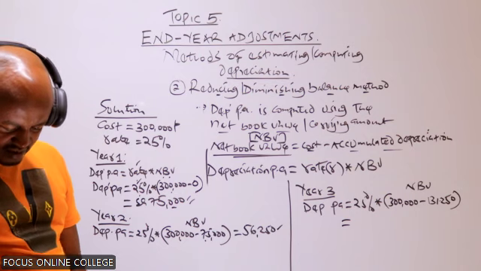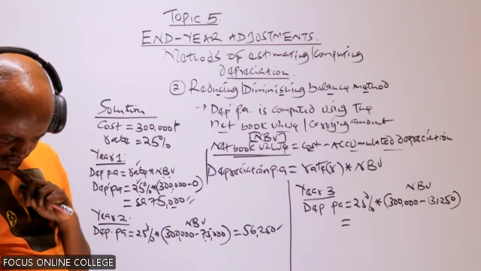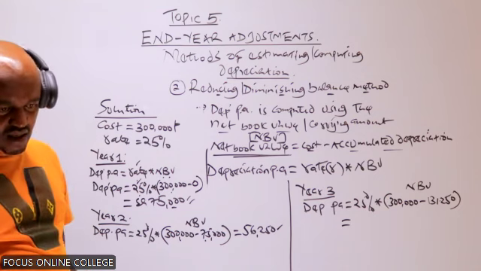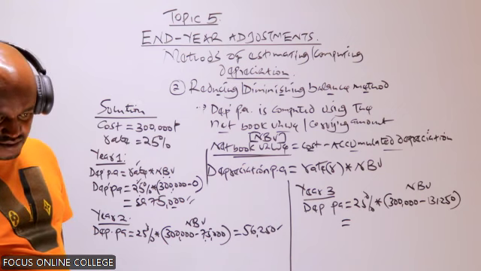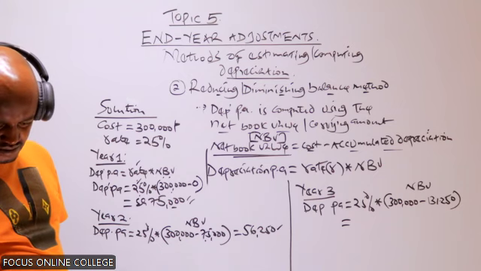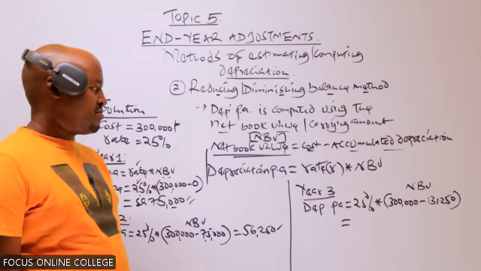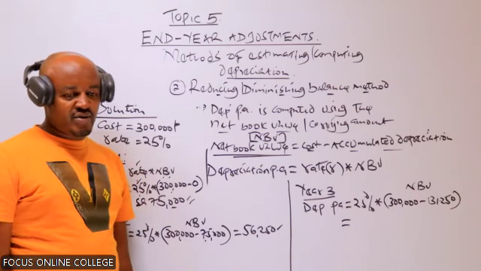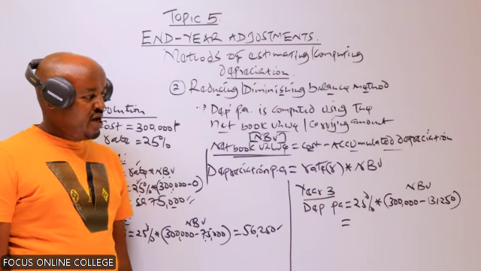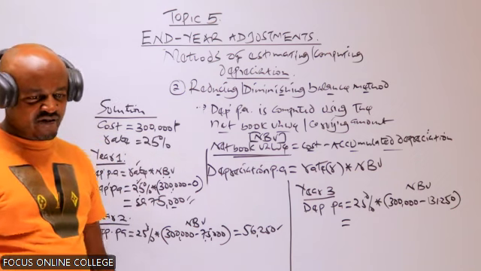Yes, what are you getting here? 300 minus 131,250 times 25%.